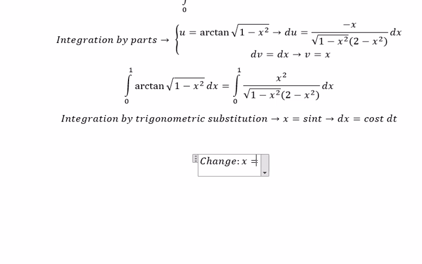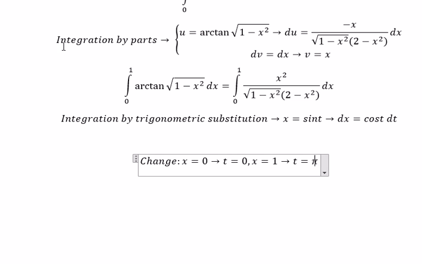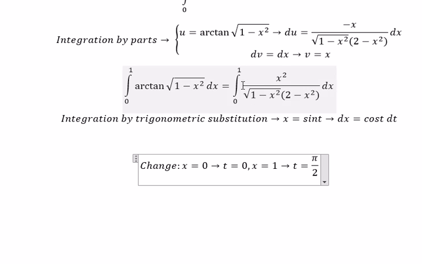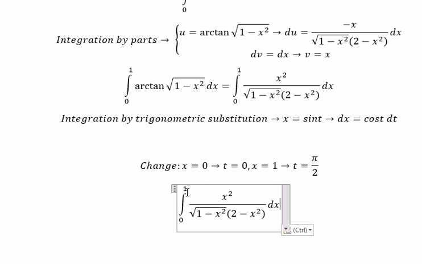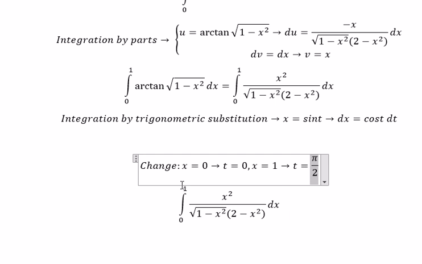If s equal to 0, then t should be 0. If s equal to number 1, then t should be pi over 2. So we change number 1 into pi over 2.